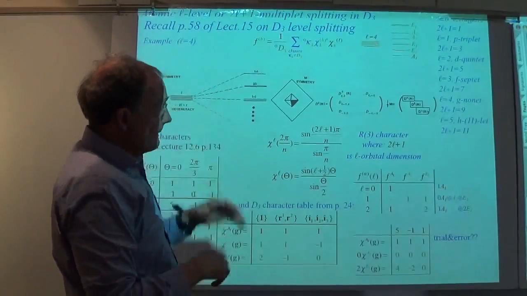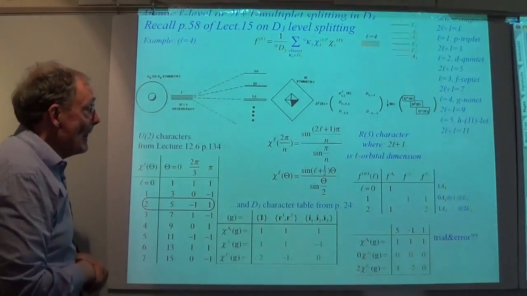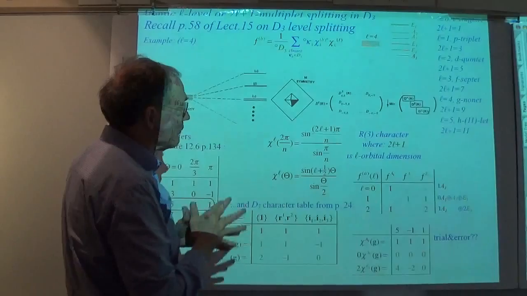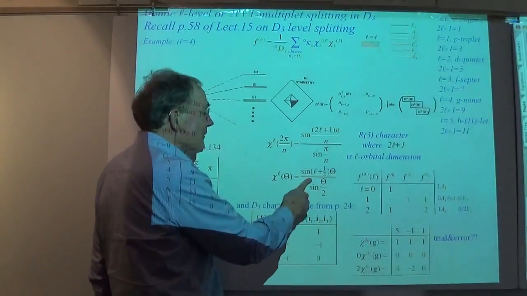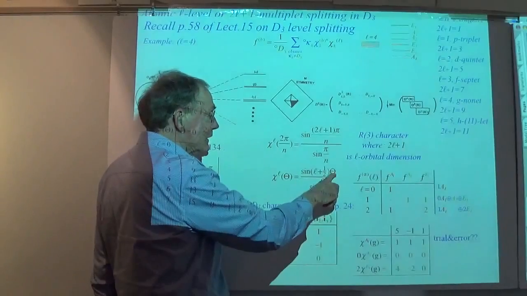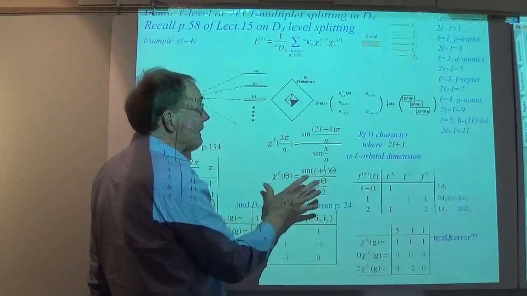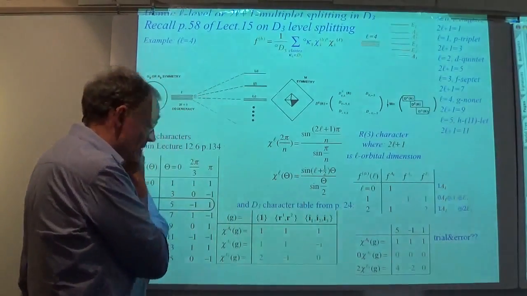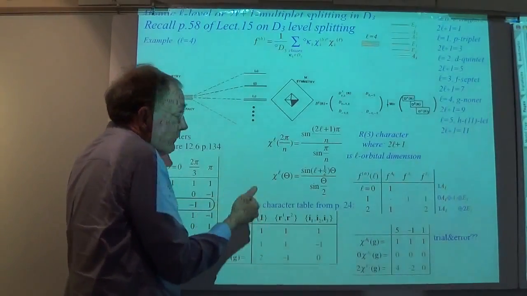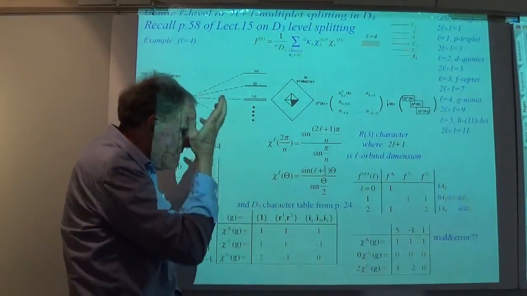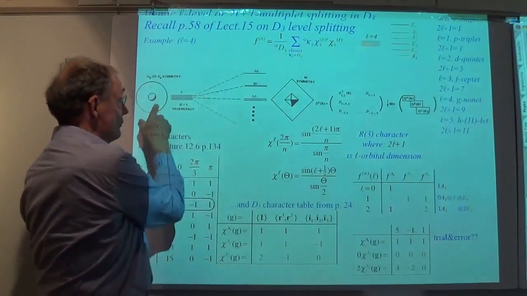It's going to split, and how much. So we get the characters for this monster symmetry from a single formula. This one, in terms of the angle of rotation, that's all it cares about, because all rotations of a given angle are in a same class with all the others that have that same angle in this group.